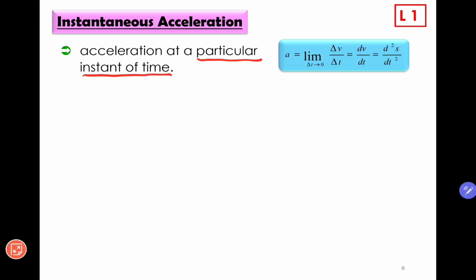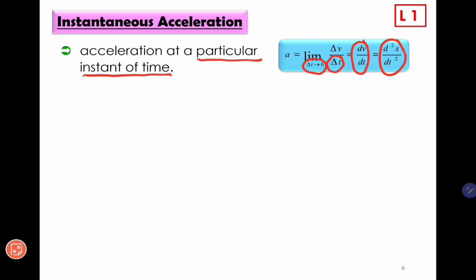Okay, then the equation is limit delta t approaches 0, delta v over delta t. Again, at particular time there is no changes in time, so delta t approaches 0, so that the equation is dv over dt, and dv over dt still equals to d squared s over dt squared.